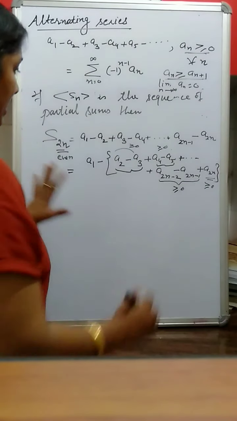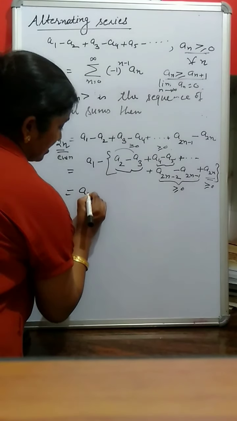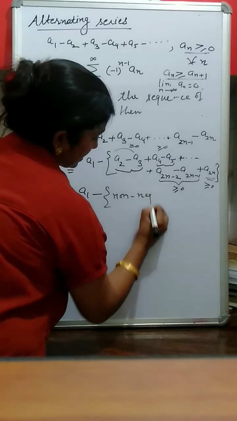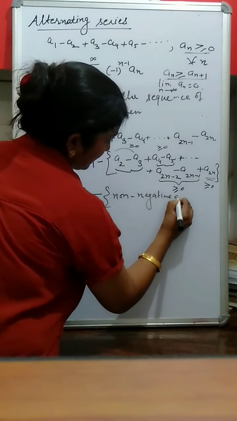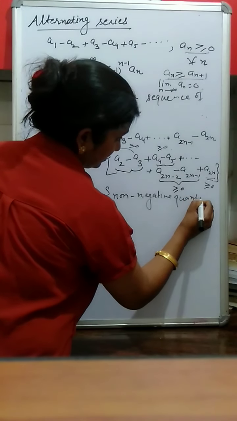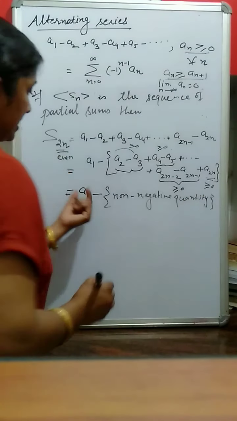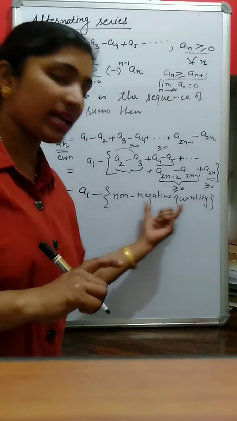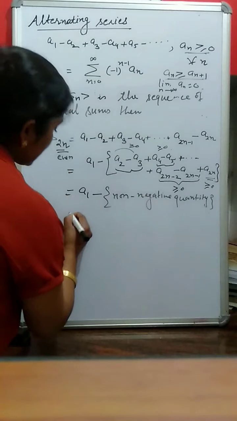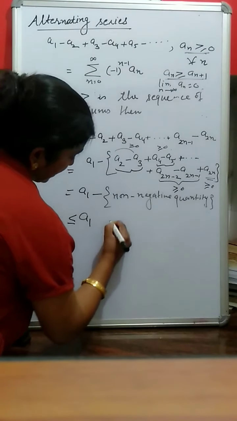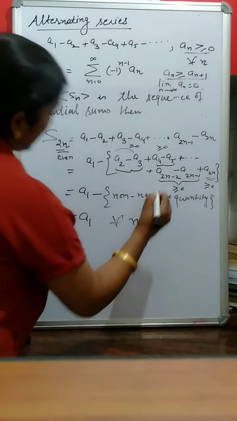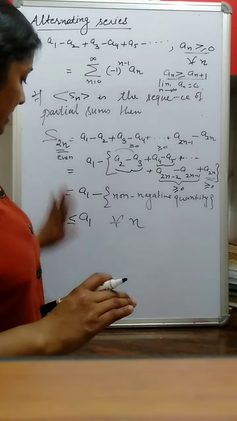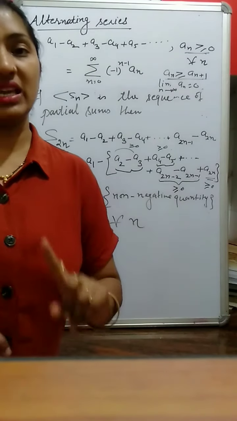So from here, what do we have? This is a1 minus some non-negative quantity. What does it mean? a1 is a non-negative term and we are subtracting some non-negative quantity from it. So this is less than or equal to a1 for all n. It means whatever the sum of even terms, it is always less than or equal to a1.